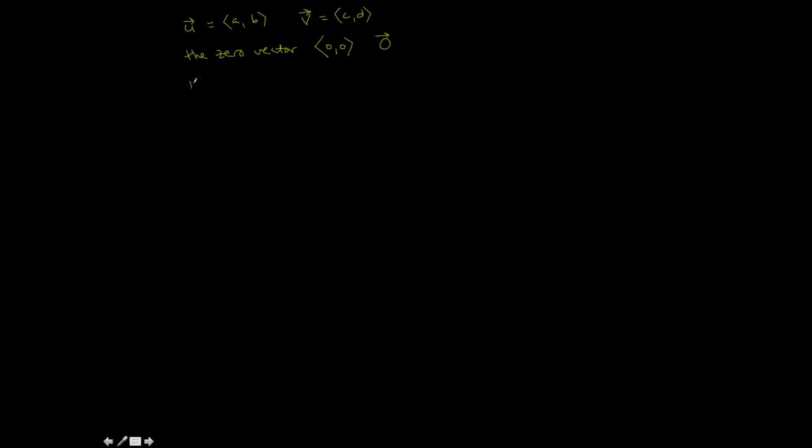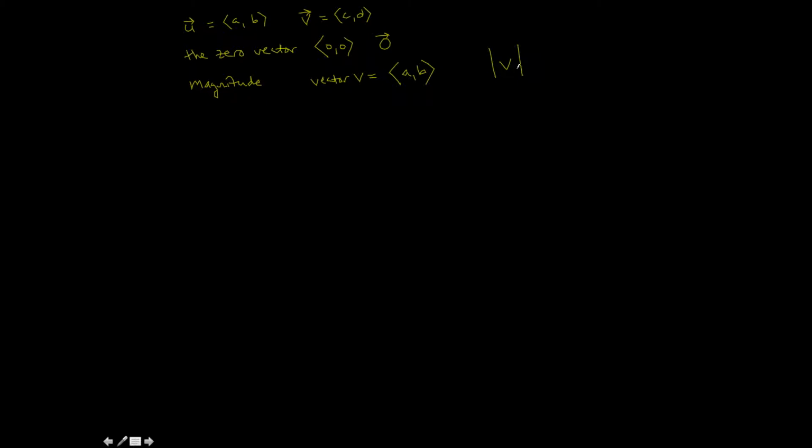Now you heard me talk about magnitude earlier, the magnitude of a vector. So if we have vector v equals AB, then the magnitude is going to be denoted like this: the absolute value of v.